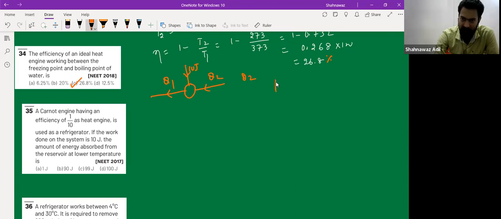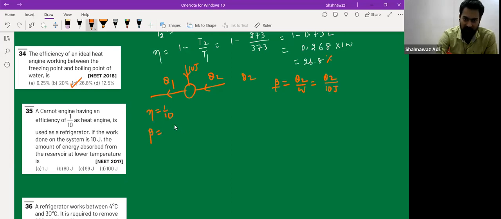We know that the coefficient of performance is Q2 by W, right? Q2 we have to calculate, and W is given as 10 joule. Beta is not given, but eta is given, so eta is 1 by 10. So we can calculate beta.